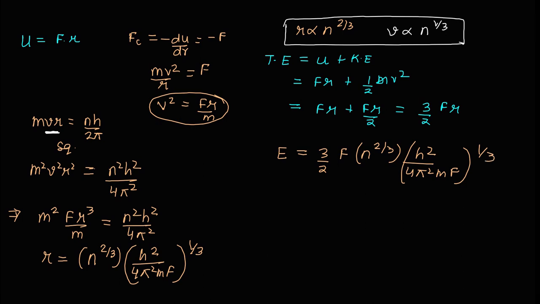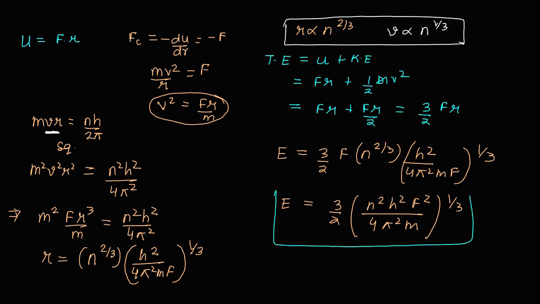On solving we attain E is equal to 3 by 2 times n²h²F² upon 4π²m, whole to the power 1 by 3. So we have these two aspects, these two options for E and for R and V expressions.